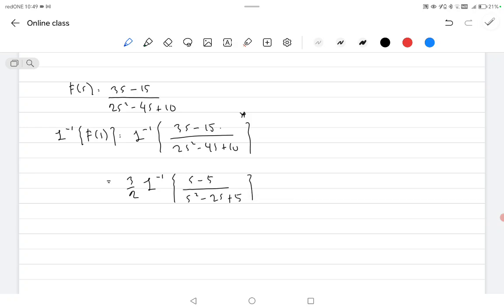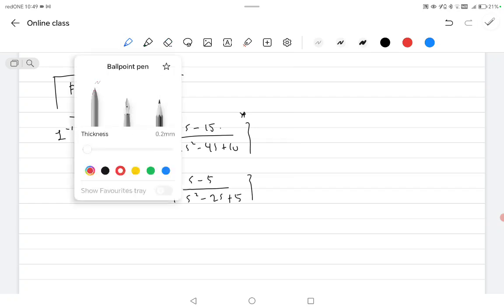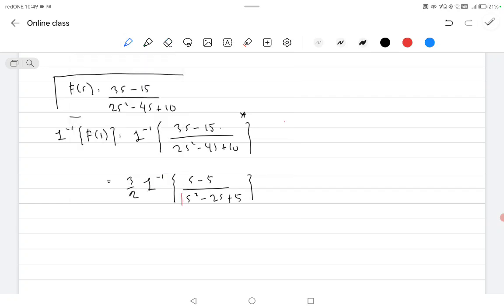Okay, we already simplified this, and the next step is how to take the inverse Laplace. But before that, we apply the completing the square method to factorize this.